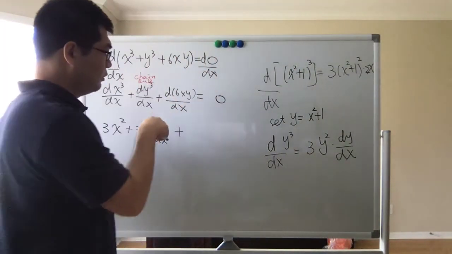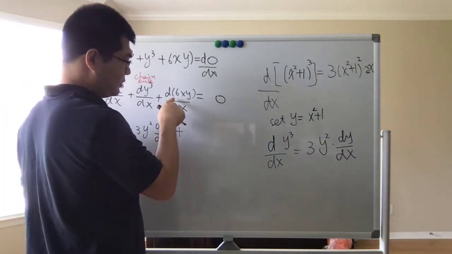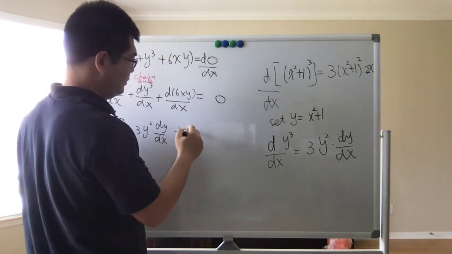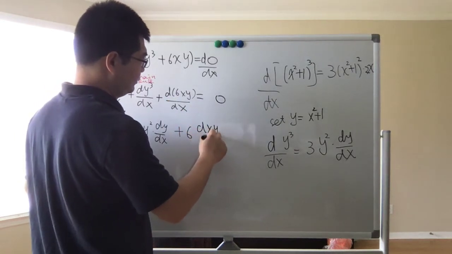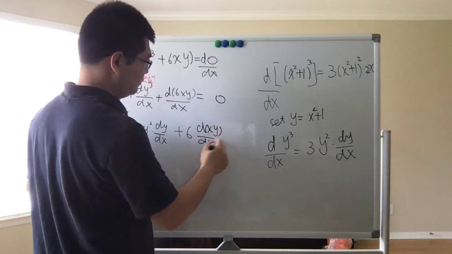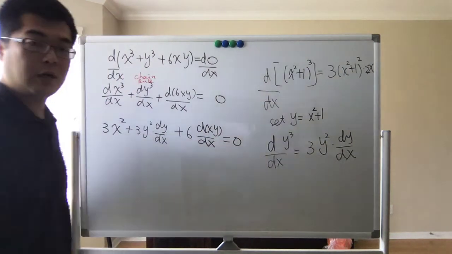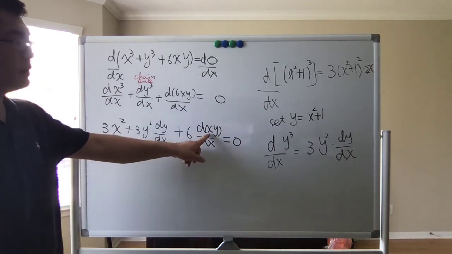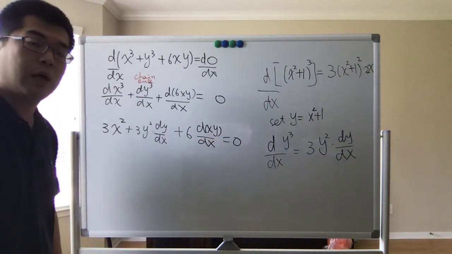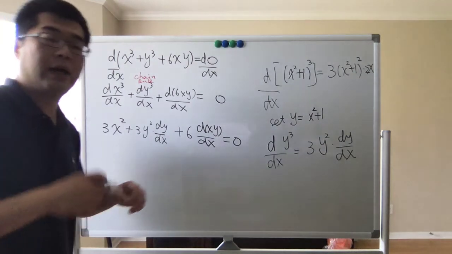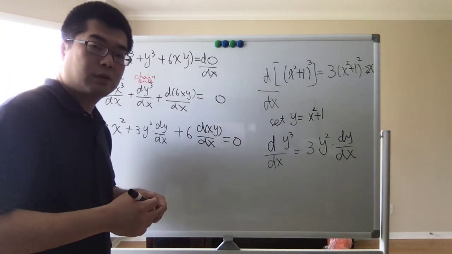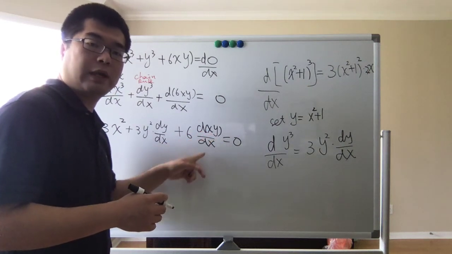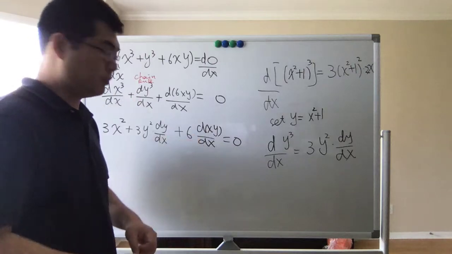Now this part is where a lot of students make a mistake. d(6xy)/dx. First of all, 6 is a constant, so I can bring the constant out. And also, look here, guys. Inside, you see it's x times y. So even though y is a function of x, the structure of this is d(xy)/dx, and it's x multiplied by y.